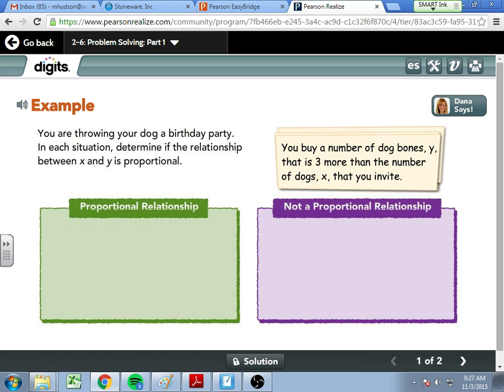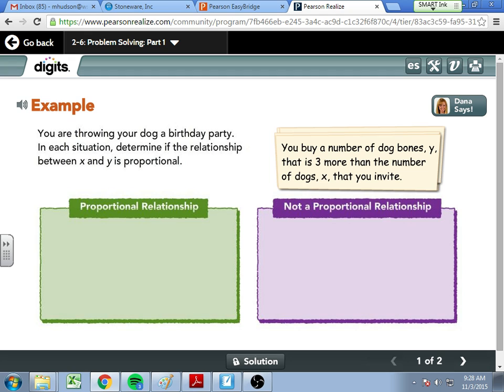So Karina, if I tell you that you buy a number of dog bones Y that is 3 more than the number of dogs X you invite. By the way, the situation here is you're throwing a dog birthday party, which I could see some of you guys doing. So you have X dogs coming. You buy Y bones that are 3 more than the number of dogs.